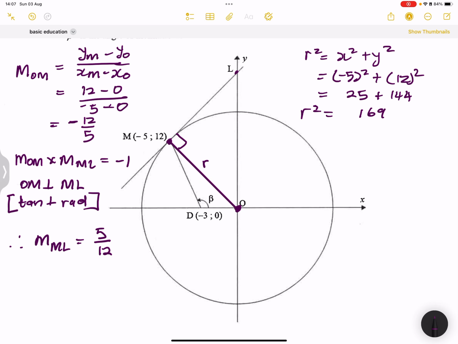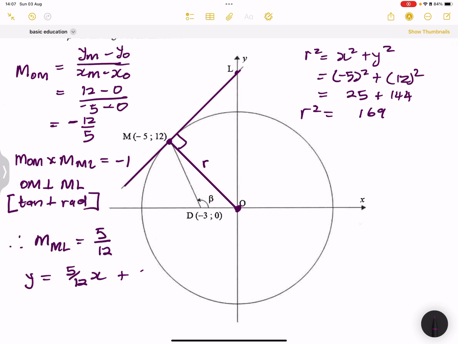Now, we're not done. We've just found the gradient of the line ML. All we need to do now is determine the entire equation. So y is equal to 5 over 12 x plus c.